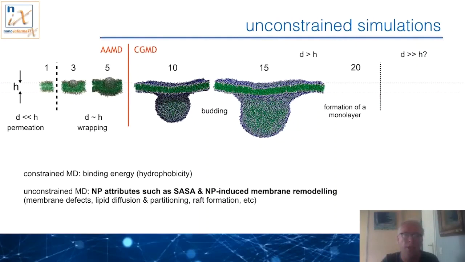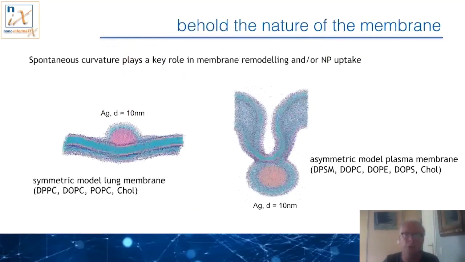And we used unconstrained molecular dynamics to determine nanoparticle attributes, such as the solvent accessible surface area of the nanoparticle, but also the nanoparticle-induced membrane remodeling effects, like the formation of membrane defects, the lipid diffusion and partitioning, and the raft formation, and so on, which are basically particulars of the environment and not necessarily of the nanoparticle, which is an added bonus of these coarse-grained simulations.